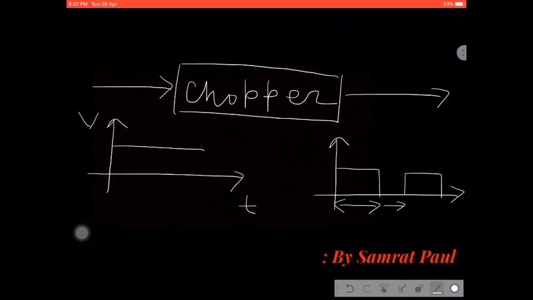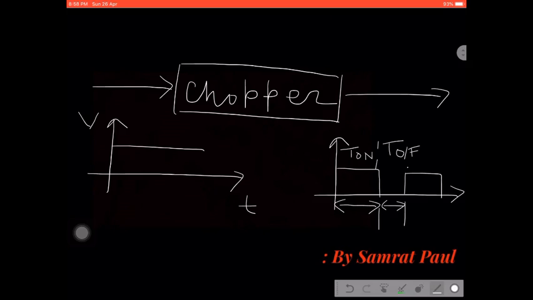As we know, every converter, inverter circuit or chopper circuit depends on the switching frequency and the switch. When the switch is on, the voltage appears across the load, and when the switch is off, no voltage appears across the load. Suppose we are using a particular topology in which this is the T on time and this is the T off time.